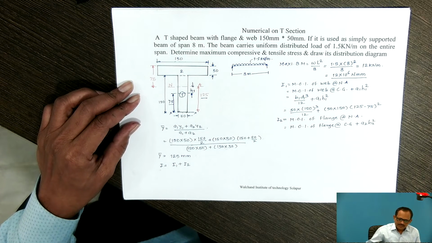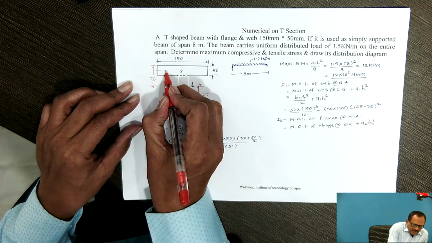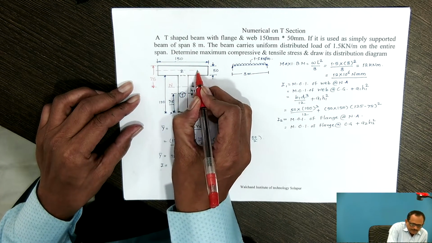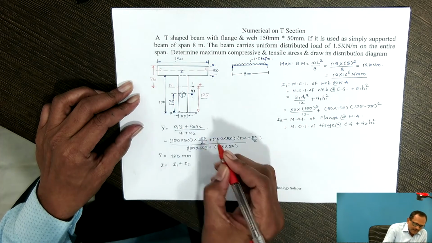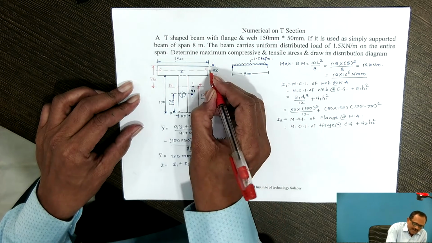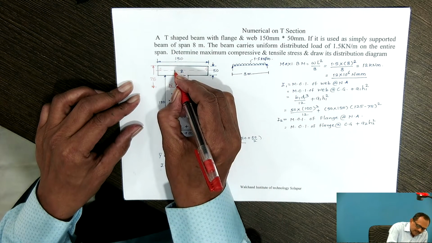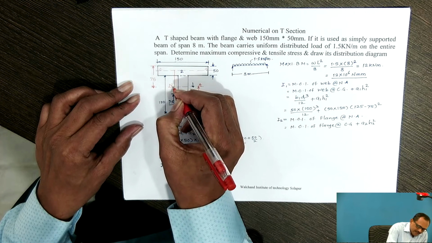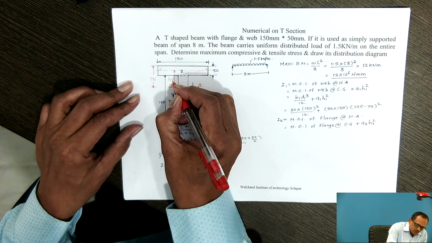Now the CG of the top flange will lie at half of its depth. So this is the CG of the flange, which will lie at half of its own depth. And now H2 means the distance between the CG of the flange and the neutral axis. So this is my distance H2.